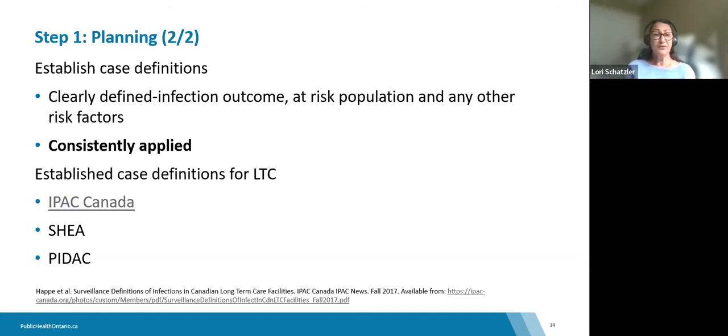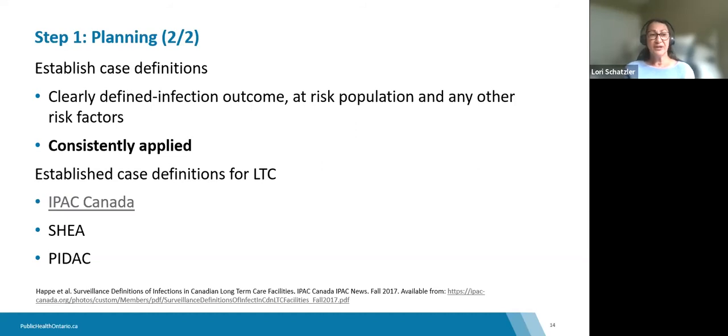You could work with your public health unit, certainly, and your IPAC leads to determine this. But IPAC Canada has a long-term care infection surveillance definition criteria there if you're a member of IPAC Canada, and they also have some other supporting tools for that.